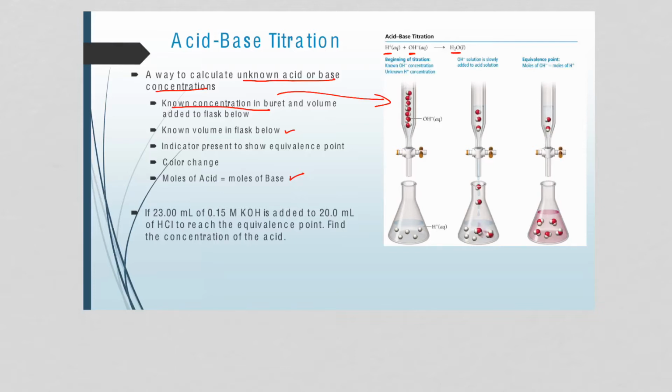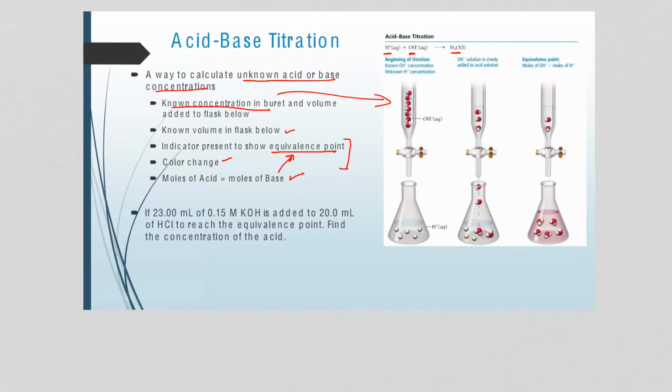Now, how are we going to know when we do that? Well, we're going to use an indicator to note when we reach what's called the equivalence point. The equivalence point is the point where the moles of acid equal the moles of base. The indicator will change colors at that equivalence point.